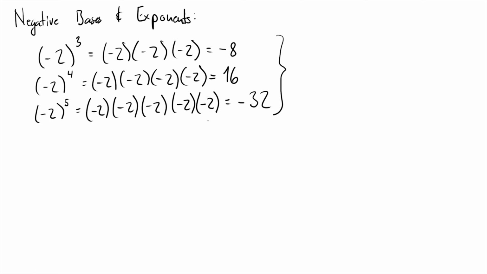So before we continue, is there a way to generalize this? Well, there is. What we can say is that if I have a negative base, and it's raised to an exponent that is an odd number, that means my answer is going to be a negative number.